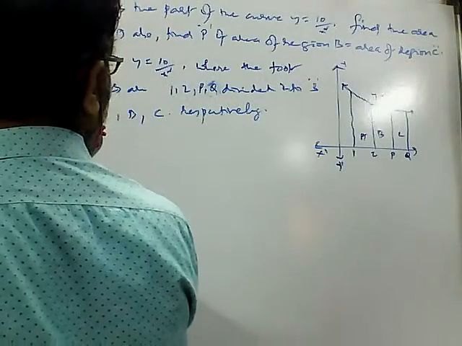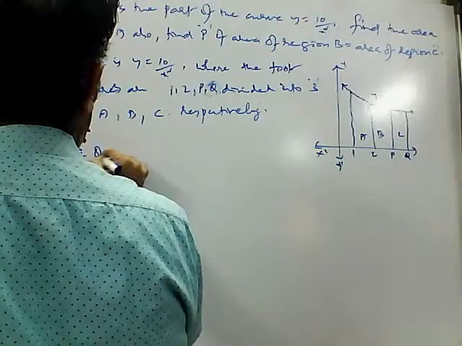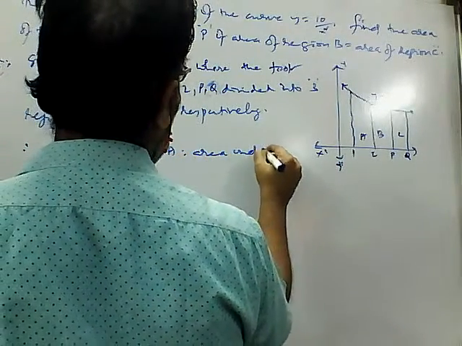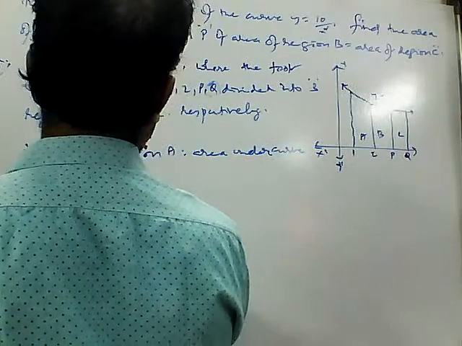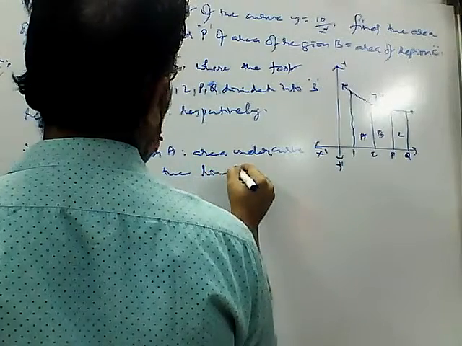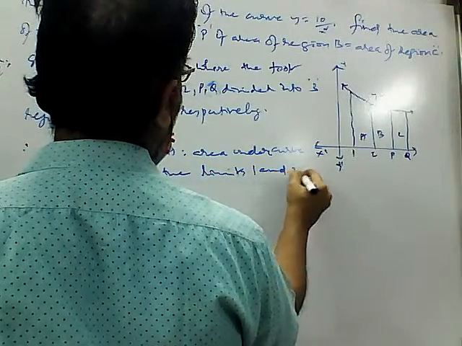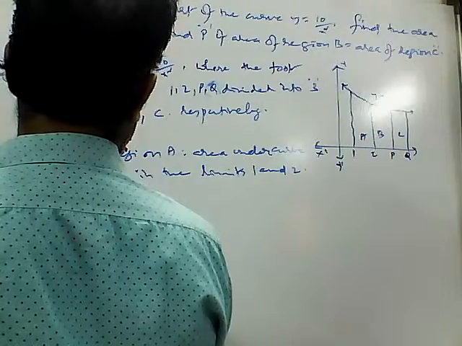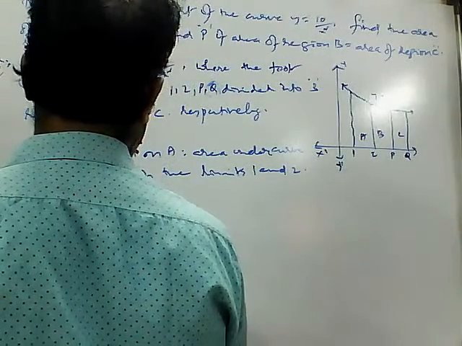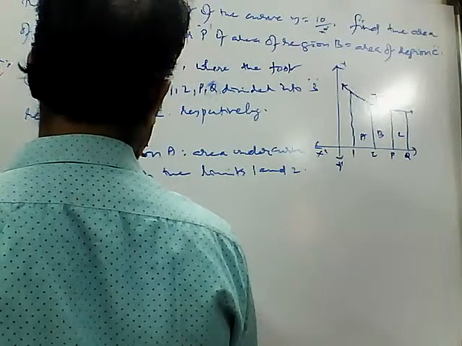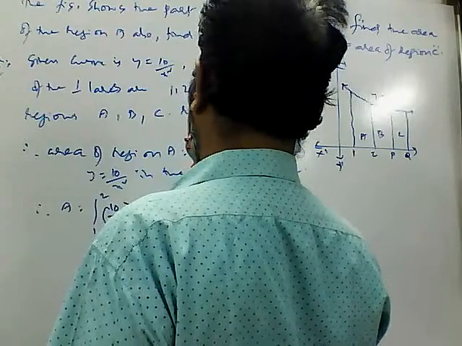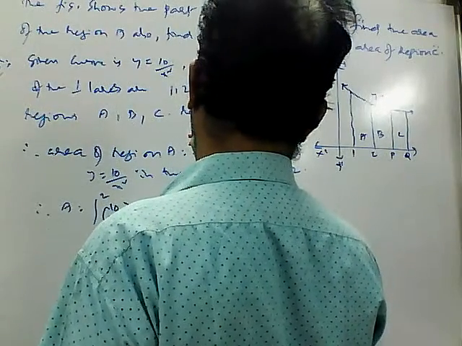Therefore, area of region A is equal to the area under the curve y is equal to 10 by x square in the limits 1 and 2. Therefore, A is equal to integral 1 to 2 of 10 by x square dx, which is equal to 10 into minus 1 by x from 1 to 2.